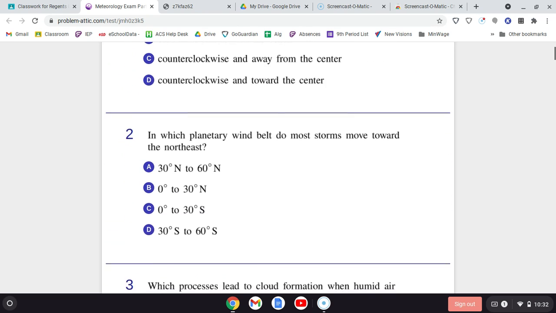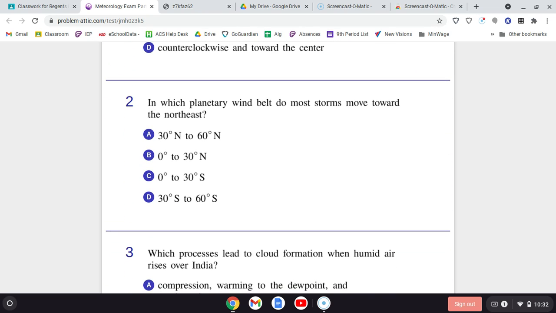Number 2. And this goes along with page, I think it's 14. In which planetary wind belt do most storms move toward the northeast?